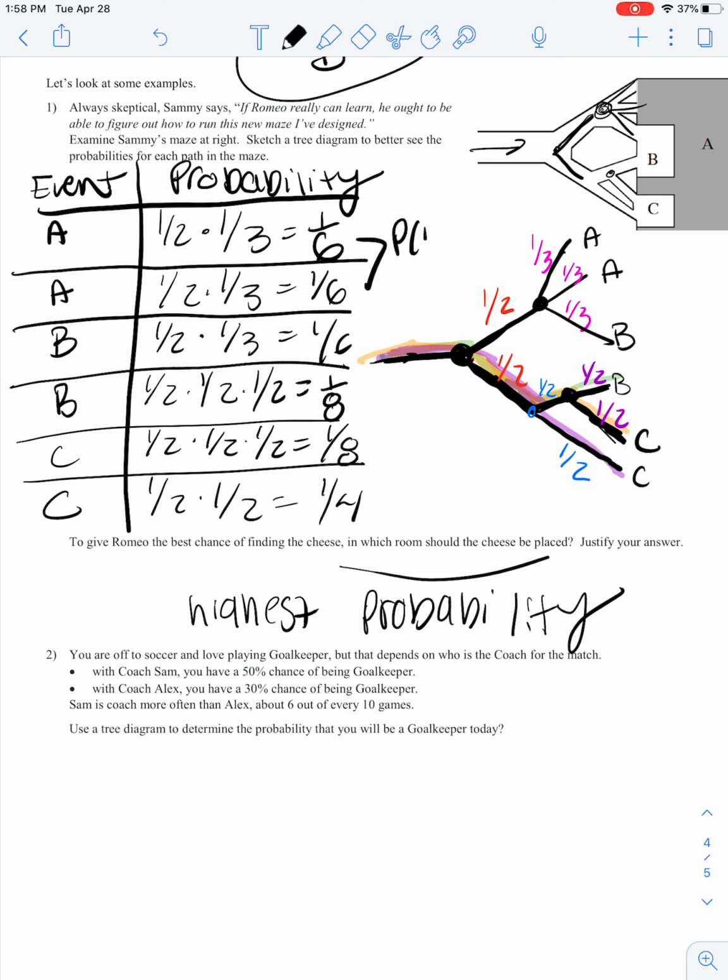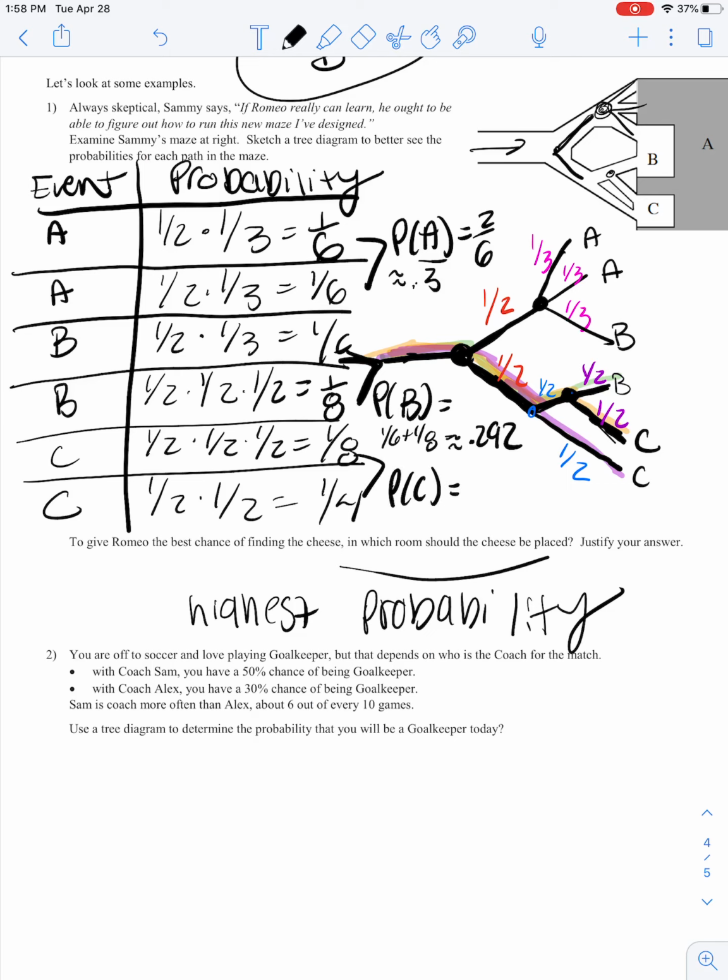So the probability of getting to A is equal to 1/6 plus 1/6, which is 2/6, which is about 33%. The probability of him getting to room B is 1/6 plus 1/8, which is approximately 0.292.